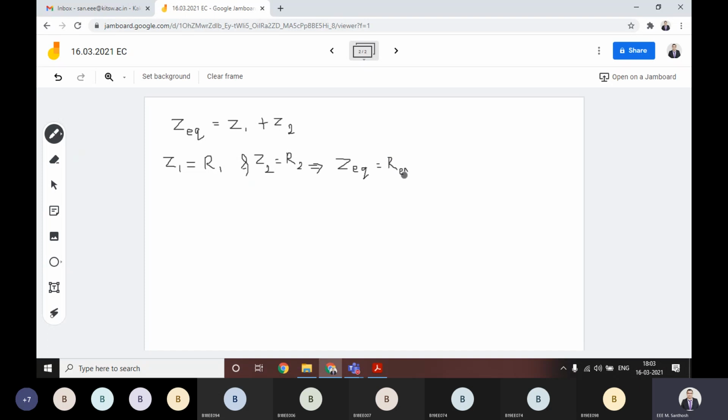For that reason, Z equivalent will become R equivalent, which is simply R1 plus R2.